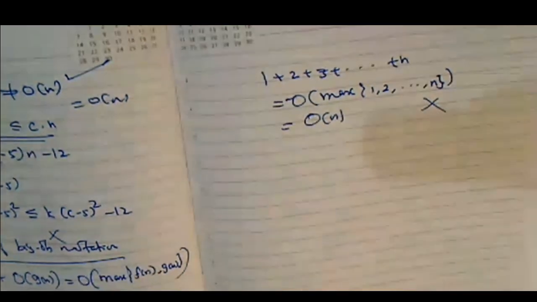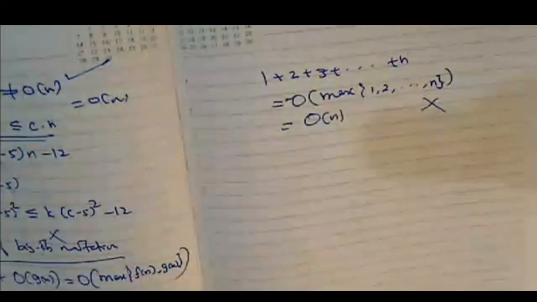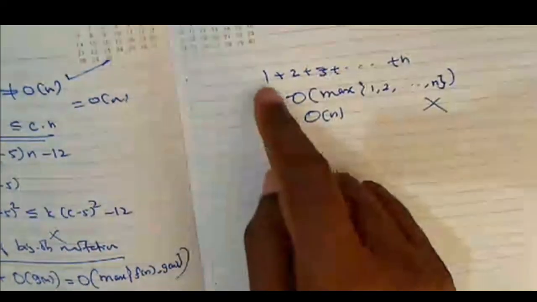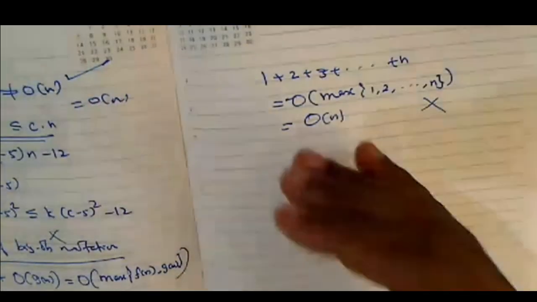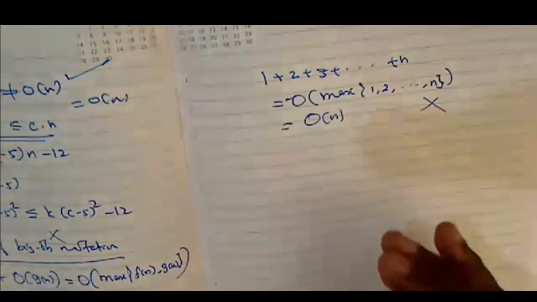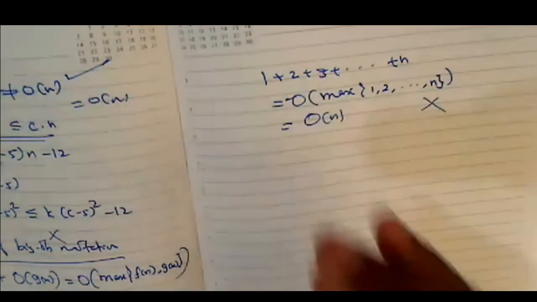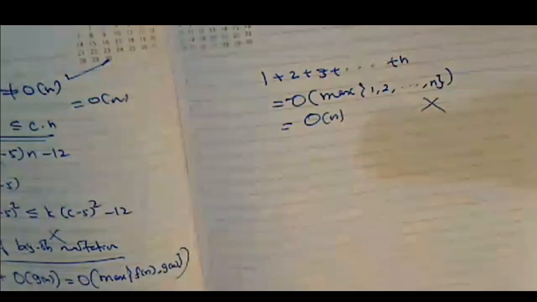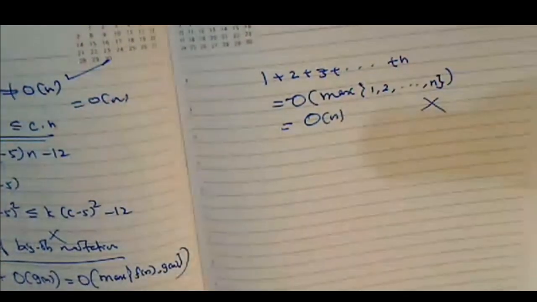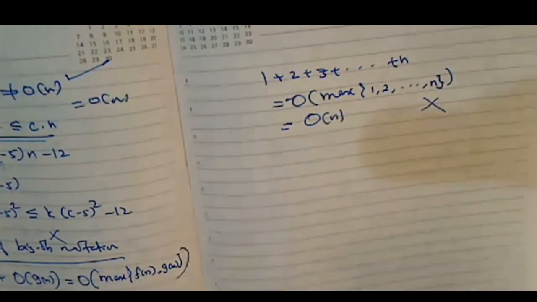No, it's a constant. 2 is a constant, 3 is a constant. So you cannot take order of 1, order of 2, something like that. You can take it only if it's a function in terms of the size of the input. Here, n is the size, n is the variable. Therefore, these things are constants.